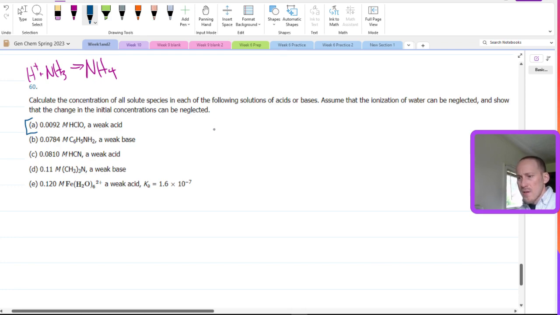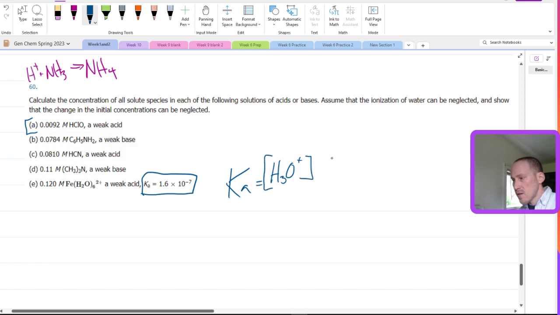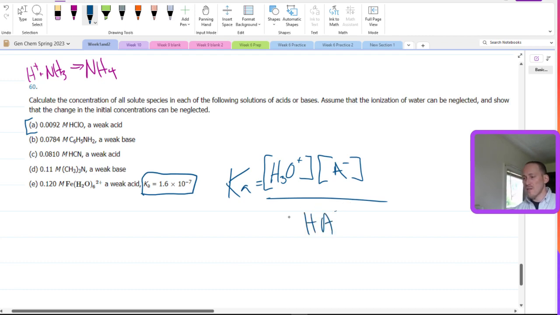I feel like we need the Ka value for all these, because Ka, after stuff dissociates and we're at equilibrium, is going to be our hydronium concentration times our conjugate base, A minus, concentration, over our initial acid concentration, HA, not A minus.